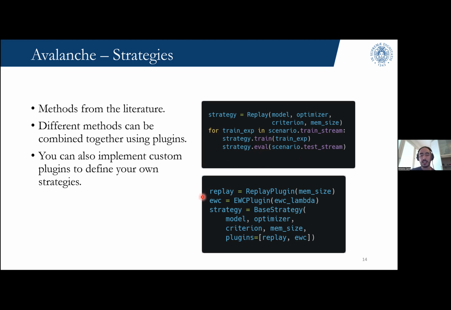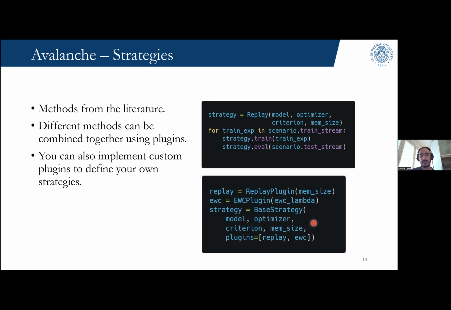As I was saying, training strategies can actually be combined together most of the time. Let's say that you want to make a replay strategy which is also using a regularization like EWC. You take a base strategy like the naive fine-tuning, and you pass it a list of plugins, like here, replay and EWC.